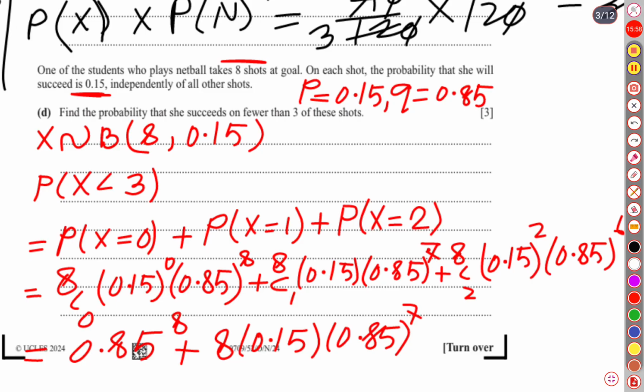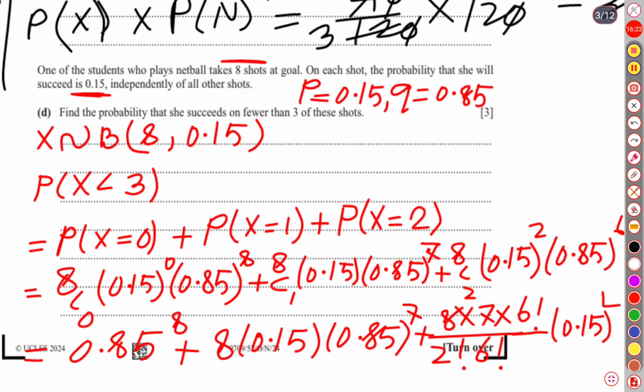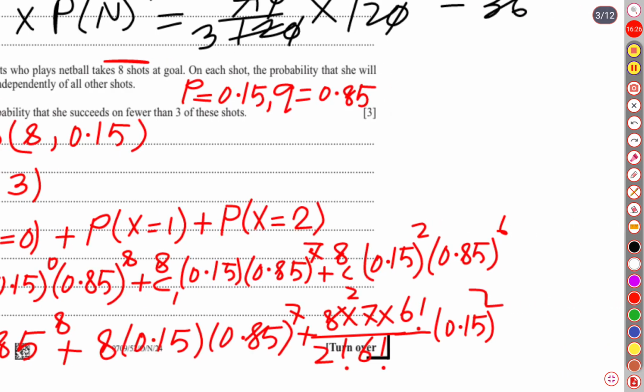Then 8 choose 2. 8 choose 2 is 8 factorial, that is 8 into 7 into 6 factorial over 2 factorial as well as 6 factorial, and then 0.15 raised to 2 and 0.85 raised to 6.